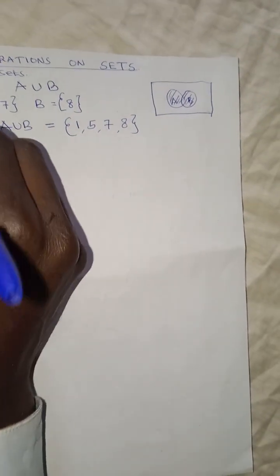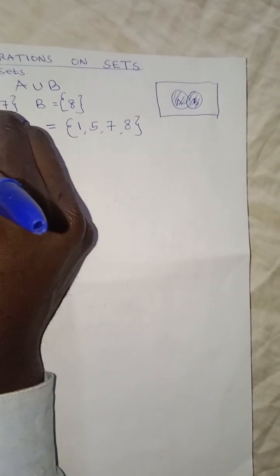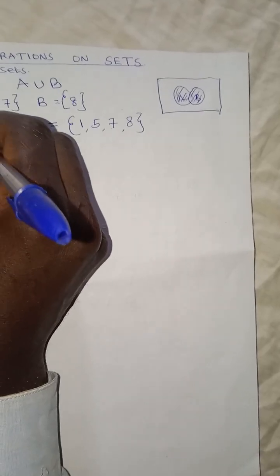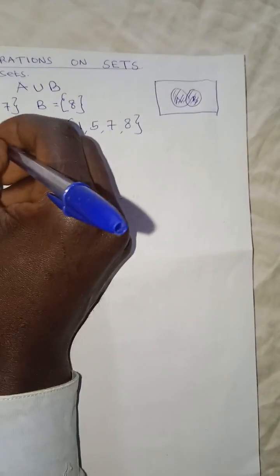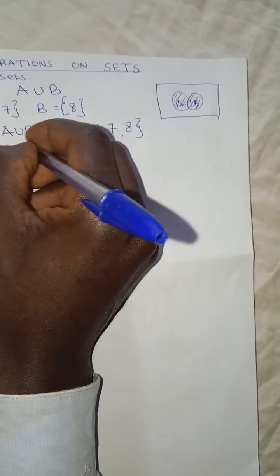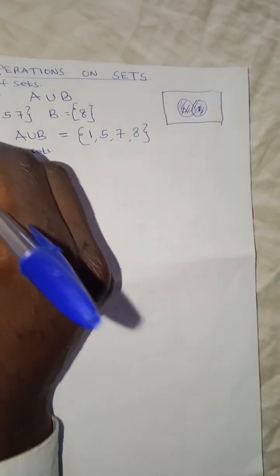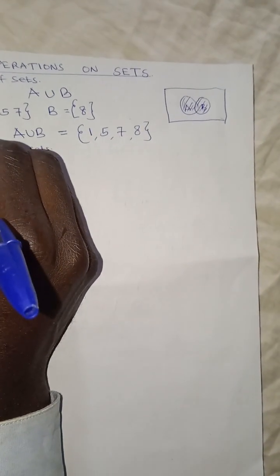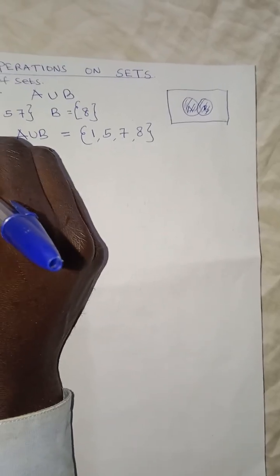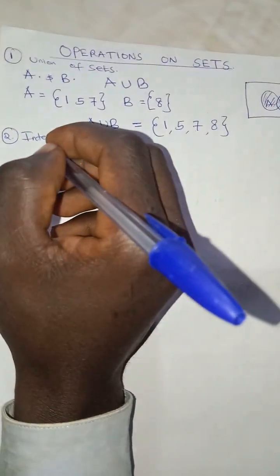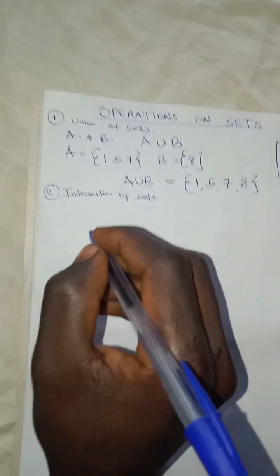Another operation is the intersection of sets. By intersection, we mean those elements of the set that are in both sets.